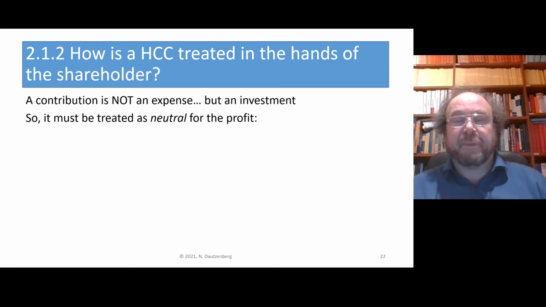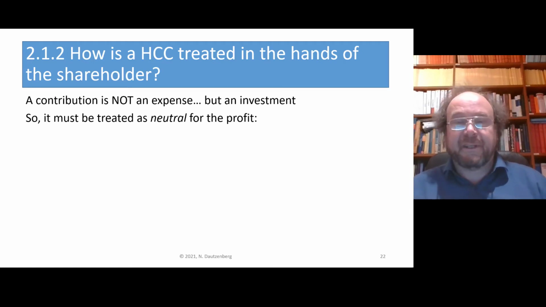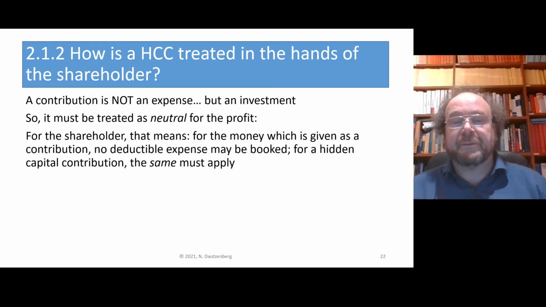And if you first buy the shares for €1 and a month later invest additional 400,000 into that company, these are subsequent costs. So in all cases, contributions are not an expense but neutral for the profit of the shareholder. So the money which our shareholder gives away as a contribution is not a deductible expense. It must not lower the shareholder's income.